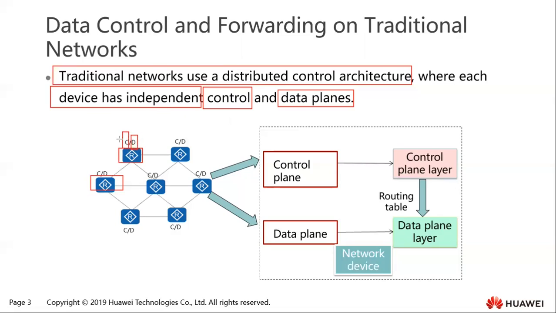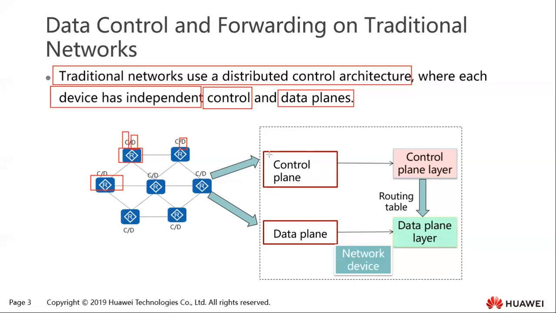The control plane is responsible for protocol computing, so for calculating the protocols in order to get the best route. The data plane, on the other hand, is responsible for forwarding packets. So in traditional networks, this is implemented on the same device.